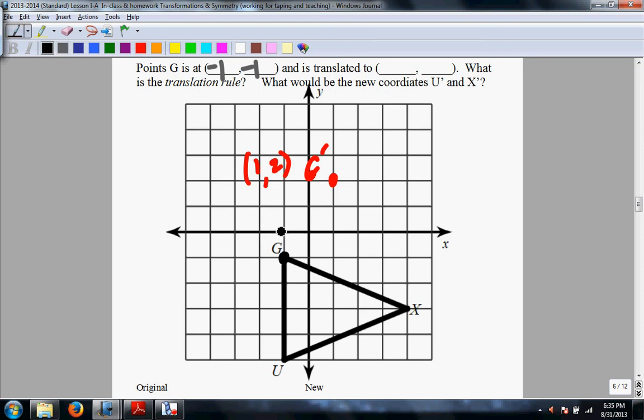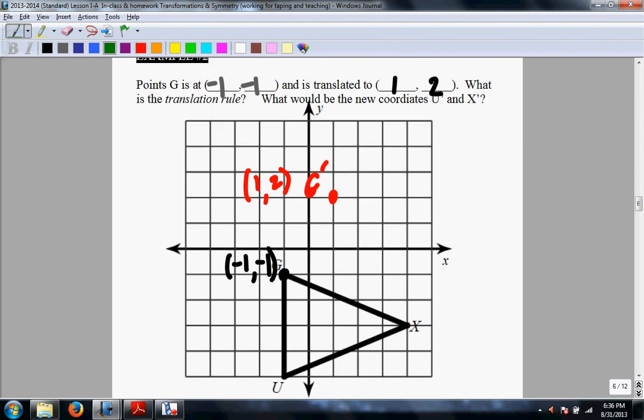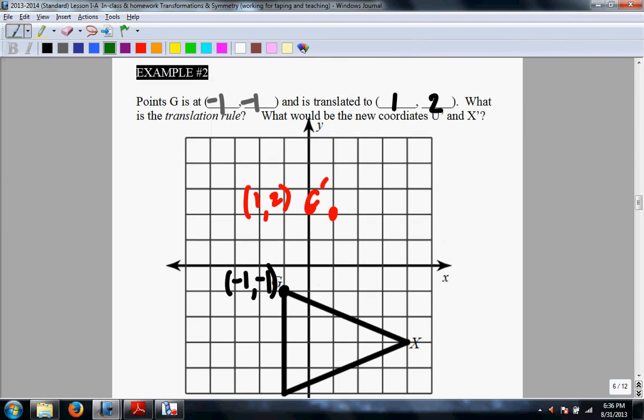My original coordinate was -1, -1. So the question is, what's the rule here? You look and you ask yourself, what was the change for each of them? There are 2 ways to do this, mathematically or visually. I'm going to show you both.